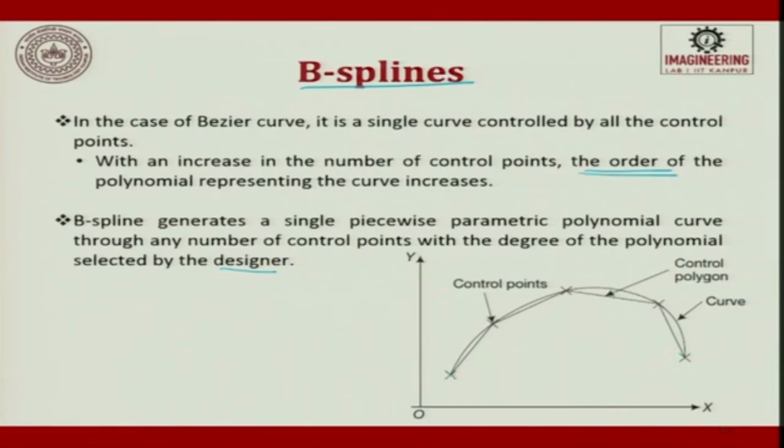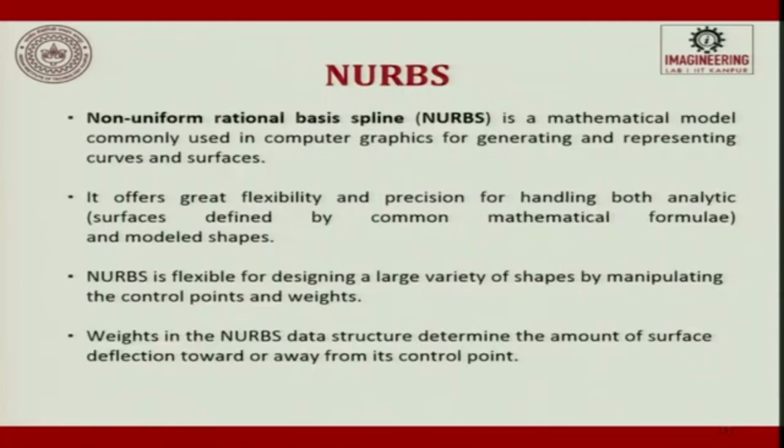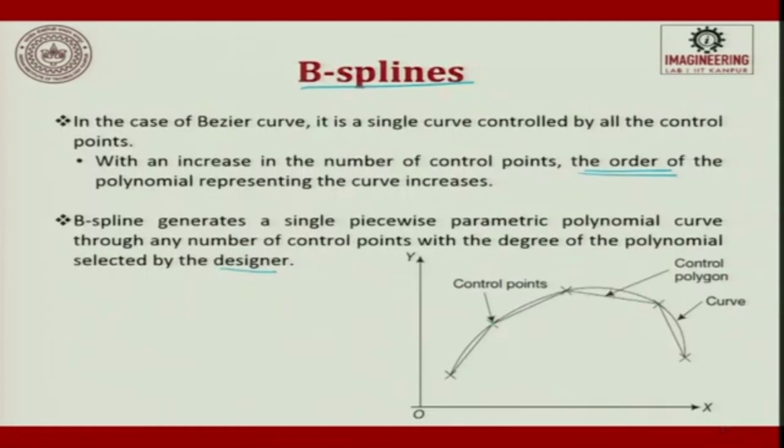Again here you will have a start point, end point and control points. The only difference between Bezier and B-spline is that in B-spline you fix the order of the curve. You can fix it to third order or fourth order and still draw a curve.